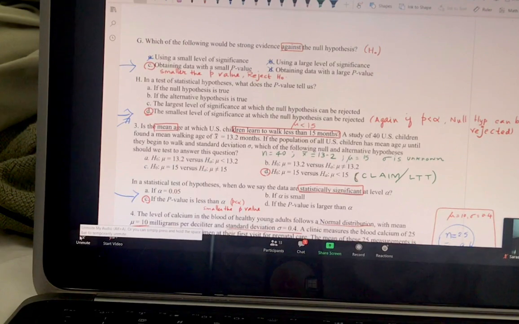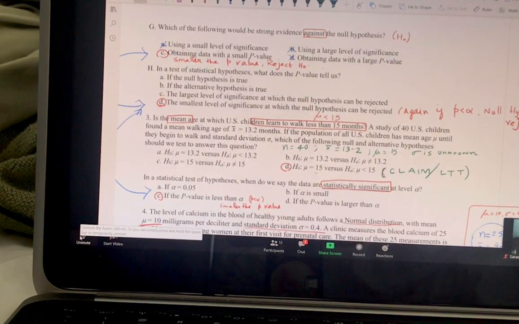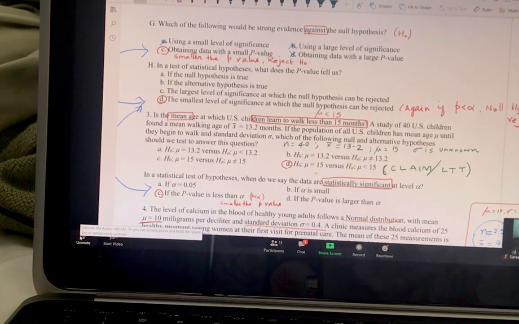All right. Okay, so the next one, the head subdivision, with that I am done. In testing of hypothesis, what does the p-value tell us? It's going to be, again, out of the 4 choices, the same question interpreted in a different way.